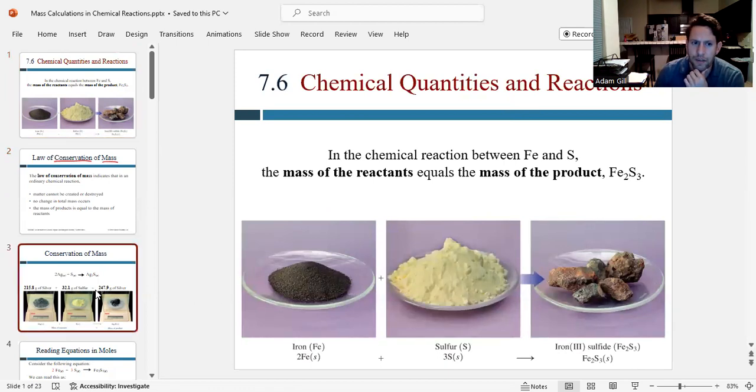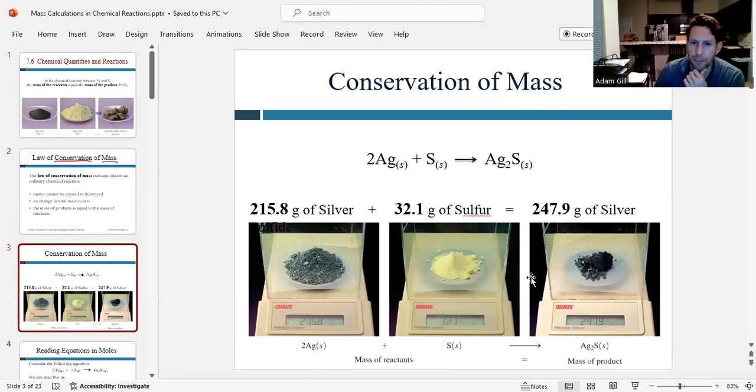Okay. So here's an example showing things being weighed out on a scale. If you react silver and sulfur, you can make silver sulfide. If we took 215.8 grams of silver and 32.1 grams of sulfur, we would produce 247.9 grams of silver sulfide. Sorry, that's a typo.